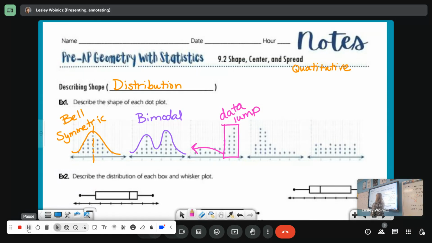My median, my middle number, is probably somewhere in my data lump, right? But then I have this tail that is pulling my average this direction, in the negative direction. So this is called skewed left or negative skew. You guys remember that one? This is negative skew.